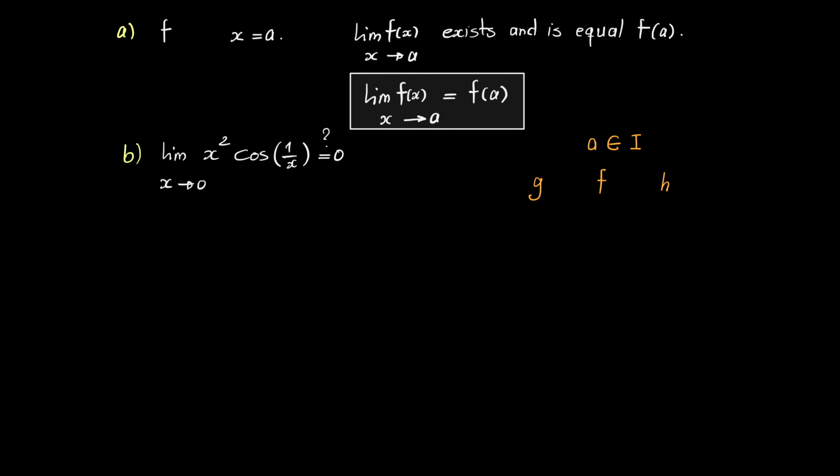So it doesn't matter if these functions are defined at the exact value a or not, but at any other point of this interval, all these functions should be defined. Moreover, we should also assume that the value of g at x, for x in this interval but not equal to a, is less than or equal to the value of f at that point, and f is less than or equal to the value of h at that point.